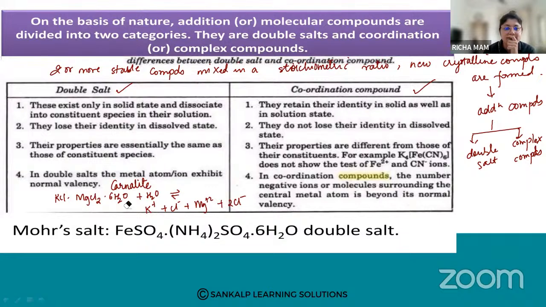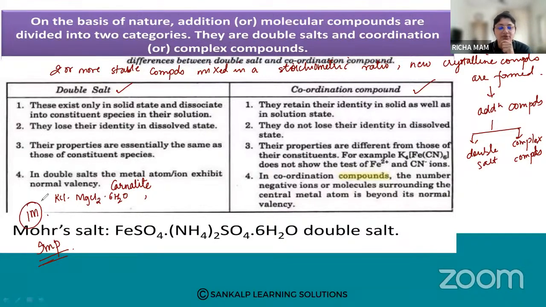This carnallite is an example of a double salt. Next is Mohr's salt: FeSO4.(NH4)2SO4.6H2O. This is an example of a double salt. Very important: you should know the formula of Mohr's salt. Mark this as important and please remember it.